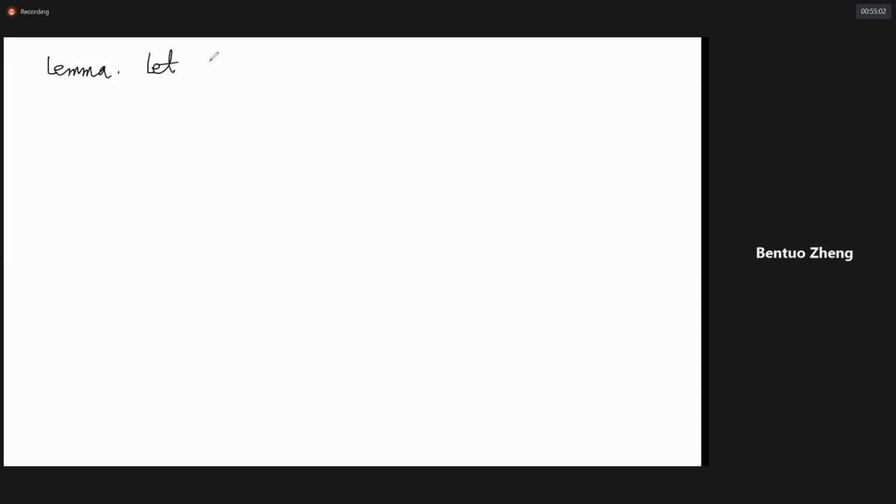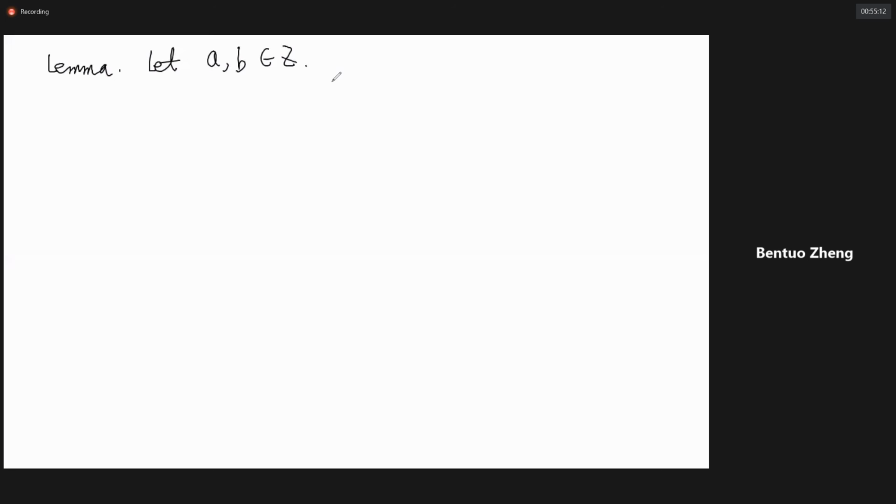Let A and B be integers. Let C be a member in L of AB. C is a linear combination of A and B.